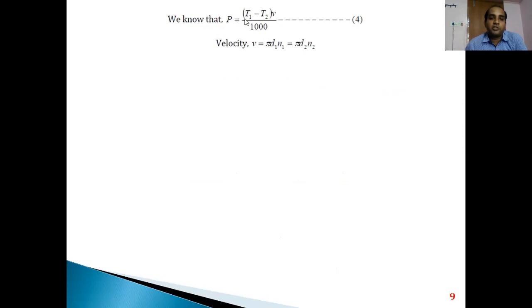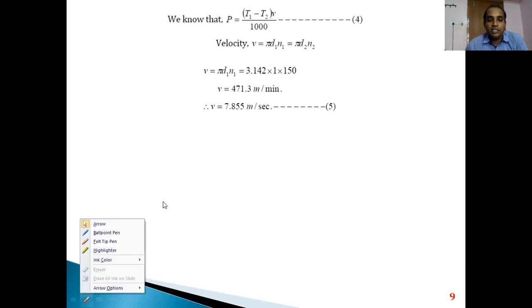Our power transmitted equation is P equal to (T1 minus T2) V by 1000. P is given. T1 we have got in terms of T2, but another important thing left is V, that is the linear velocity of the belt. This linear velocity of the belt we find using pi d1 n1 is equal to pi d2 n2. Once we substitute, we get the value of V. The resulting value is in meters per minute.